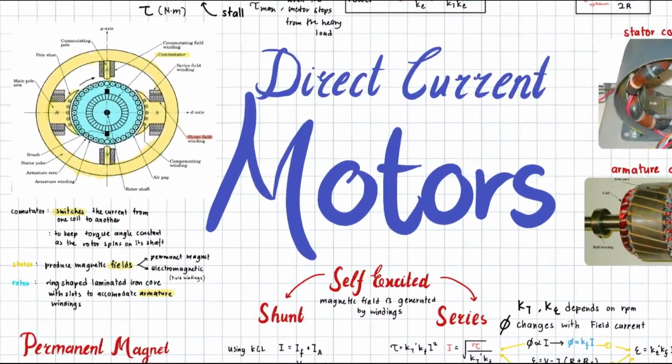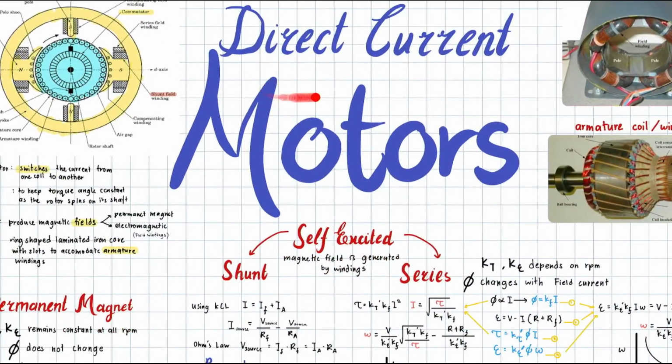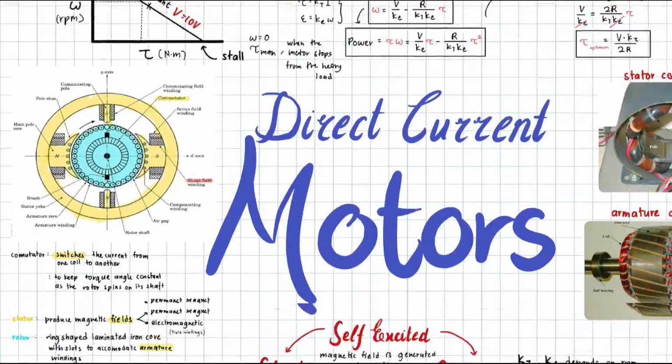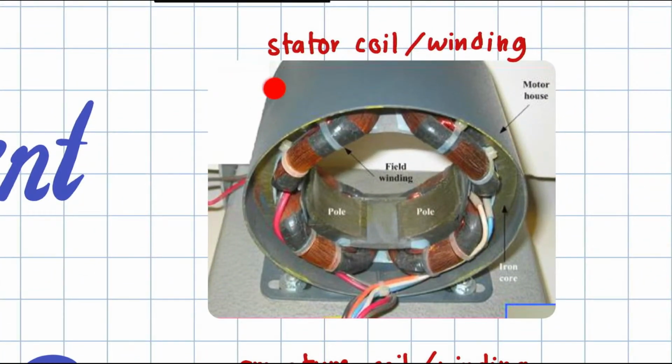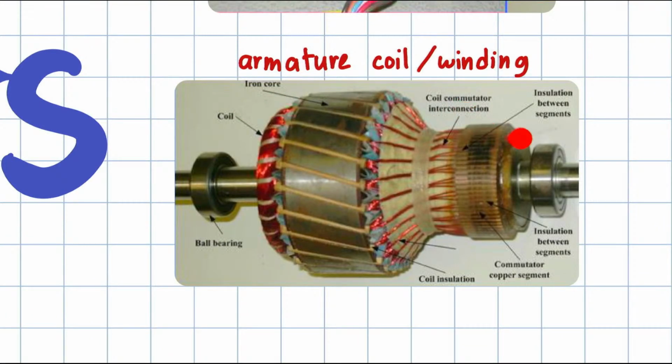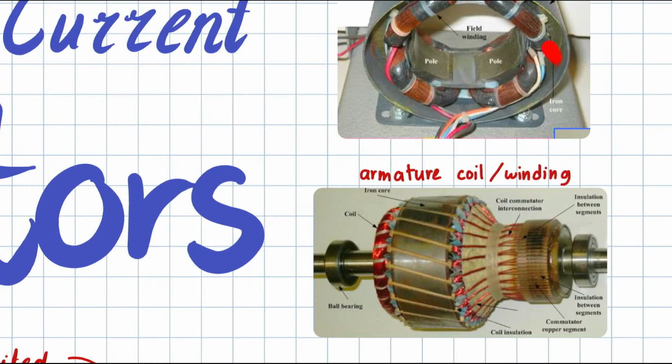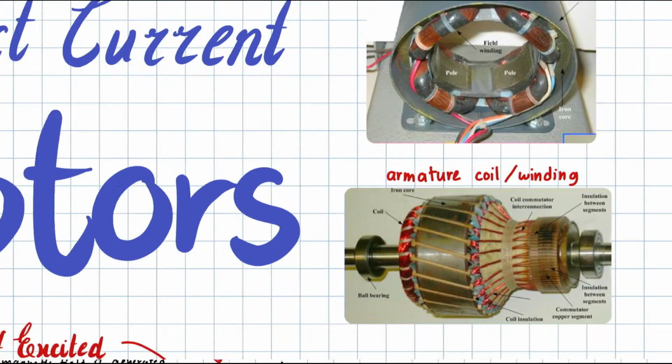Okay, now we talk about the different types of DC motors. This is one of the components here. This is the stator, the circular external housing. This is the armature, the internal housing.